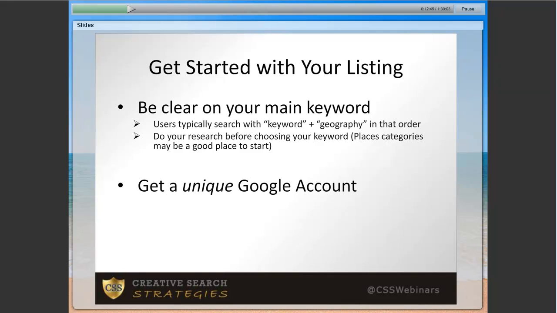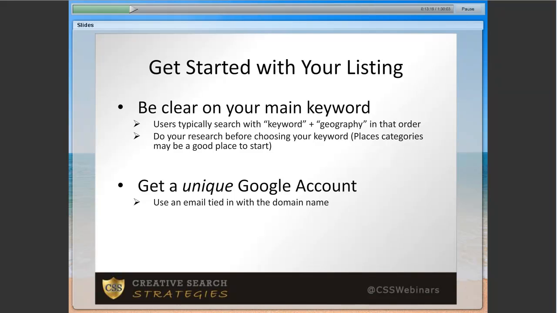Now I highly recommend, and for those of you who have already commenced your Google listing it's going to be more difficult to do this technique, but get a unique Google account. By that I mean use an email that's tied in with your actual domain name. For example, I'm in Brisbane, Australia, and if I was a plumber, I would be trying to get plumberbrisbane.com.au as my domain name.